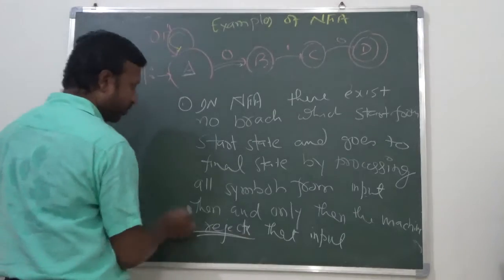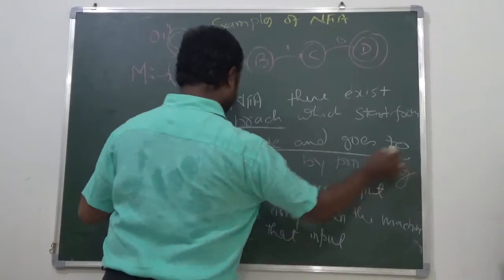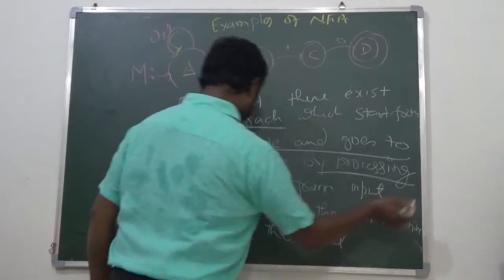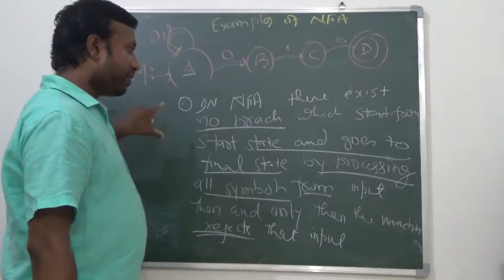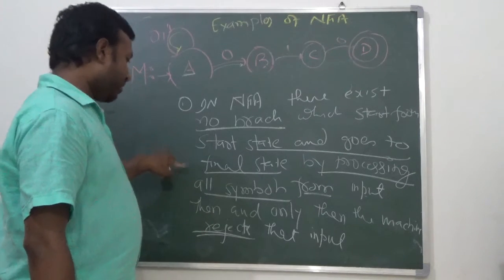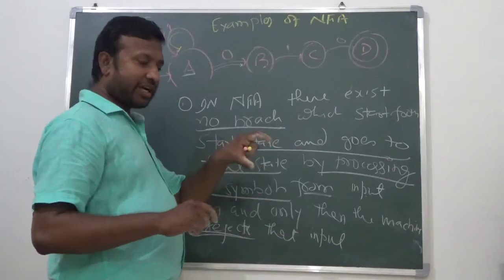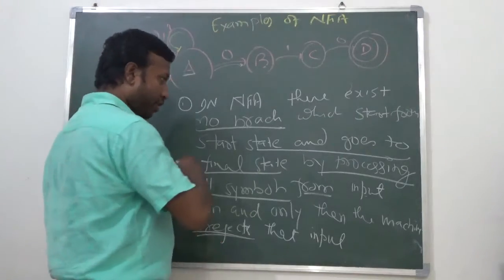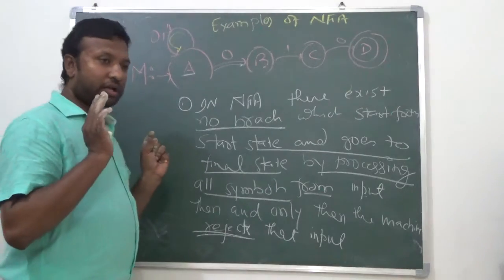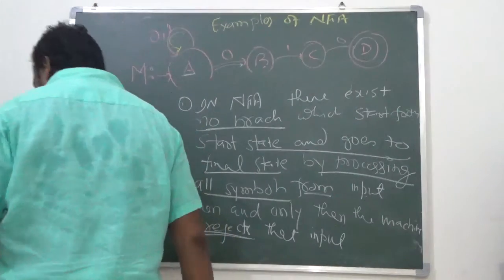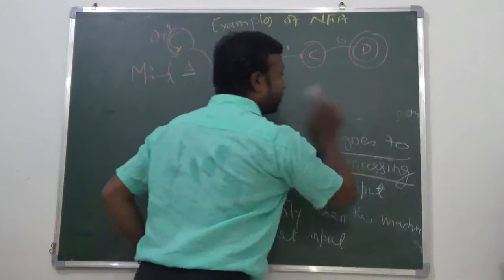Okay, so if there exists no branch which is going from start state to final state by processing all symbols from the input, then and only then we should reject. If there exists one single branch which is going from the start state to the final state by processing all the symbols, then we say the machine should accept it, right? Then the machine will accept the input, right?